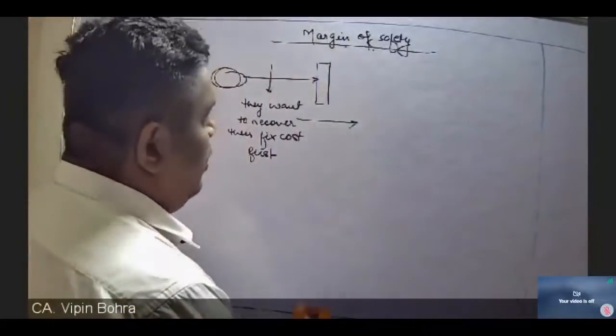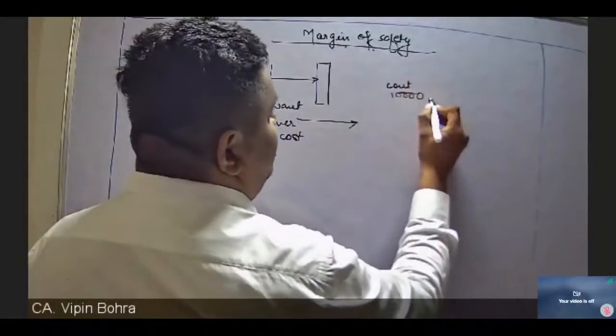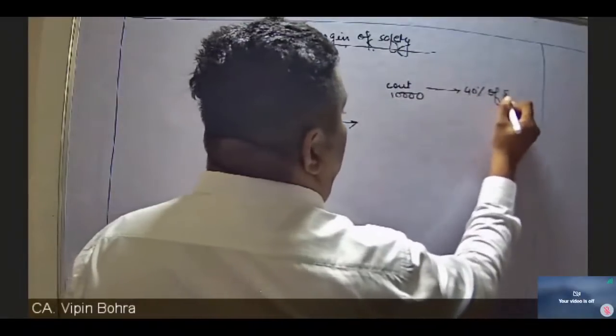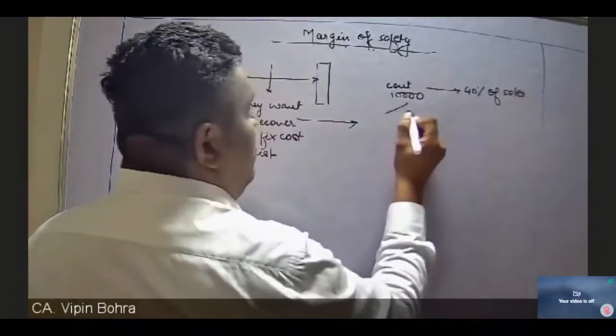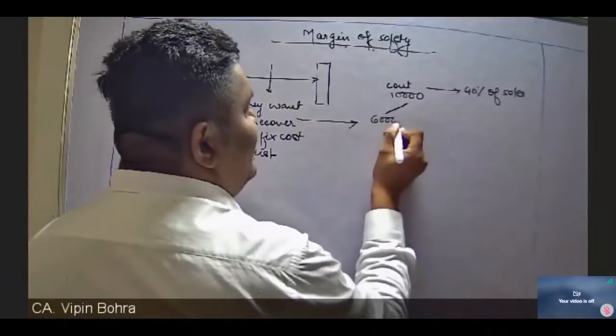Suppose my contribution is say 10,000 and it is 40% of sales. Now, 6,000 is my fixed cost.